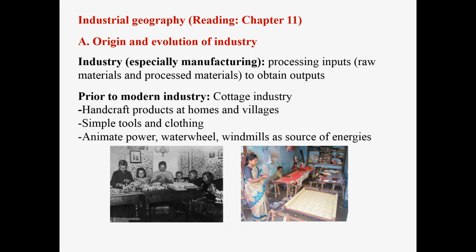The picture on the right side shows a family environment where people are making carpeting or knitted products, some textile product, again at the scale of a family. So this kind of production is not very concentrated and is scattered in people's homes, and also scattered in villages, and also in places where you can find some source of energy, such as by the river, where you could have water mills.